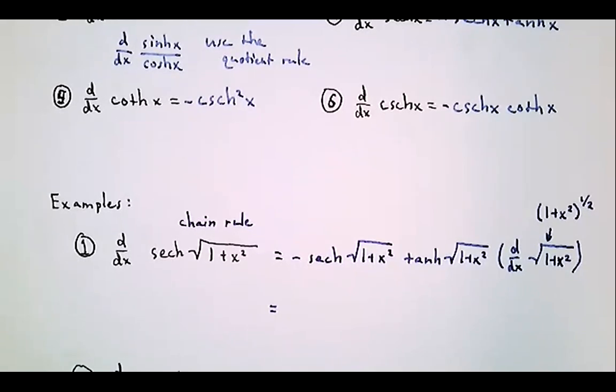So x over square root 1 plus x squared. Good. Yeah, so you decrease the power by 1, and that gives you a negative a half, so you can flip it to the denominator. Good.